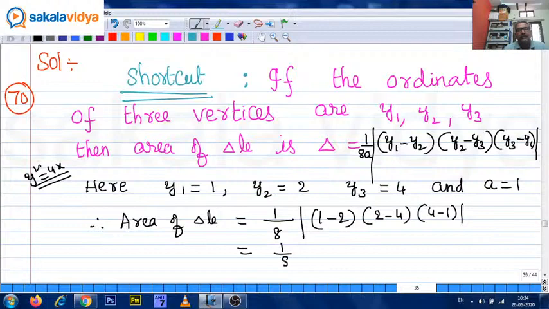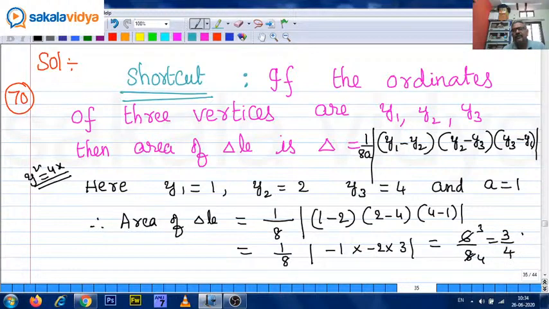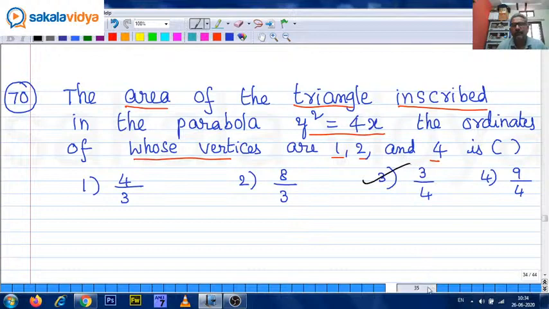This is 1 by 8 into minus 1 into minus 2 into 3, that is 6 upon 8, which is 3 by 4 square units. This is the answer. Third option.